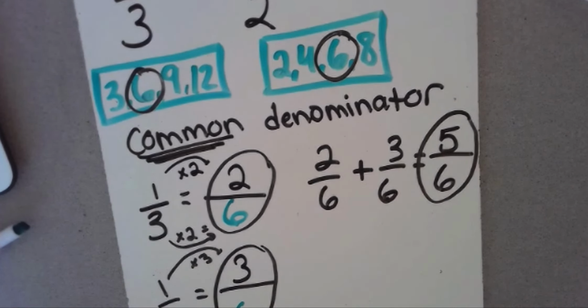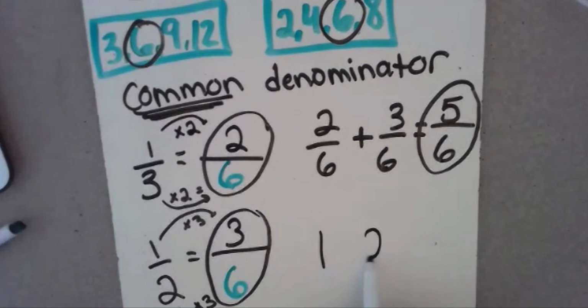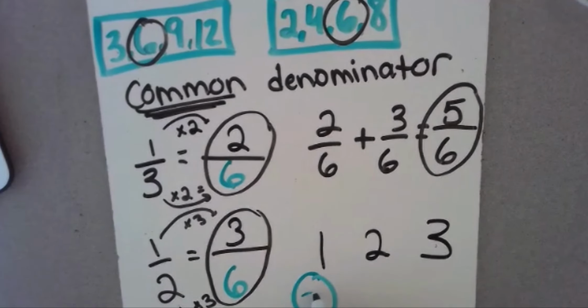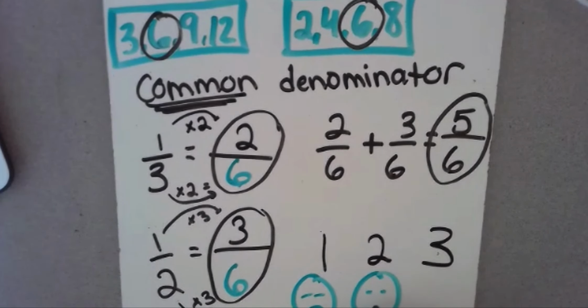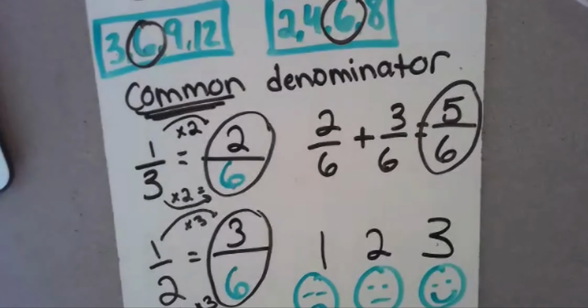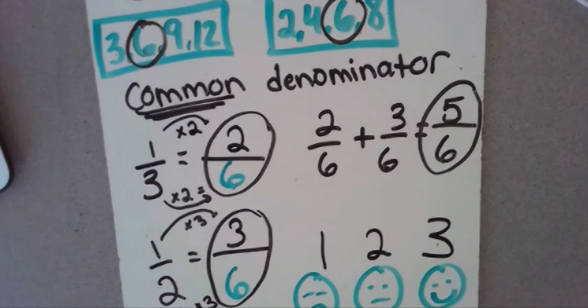Excellent. Good job. So, on a scale of 1 to 3, where 1 is nope, this one is so-so, and this one is woohoo. How are we feeling about the subject? About what we just did right here, about how to find a common denominator.